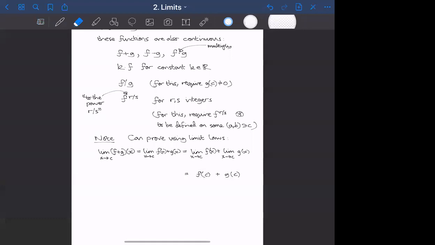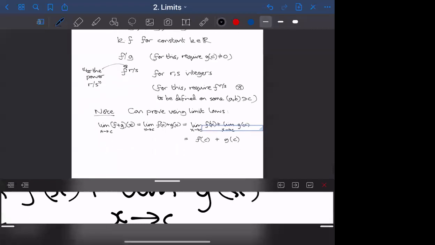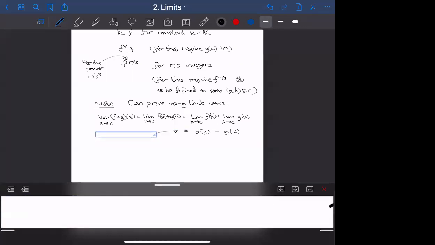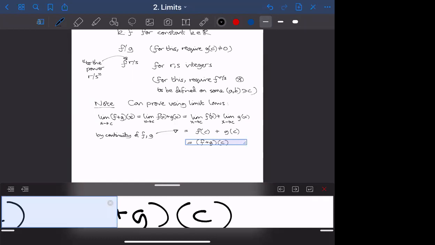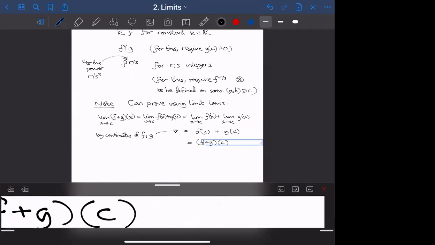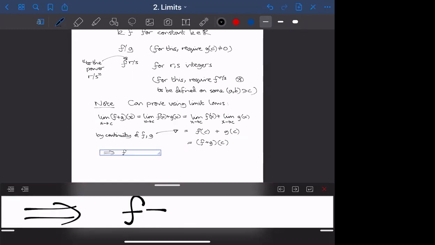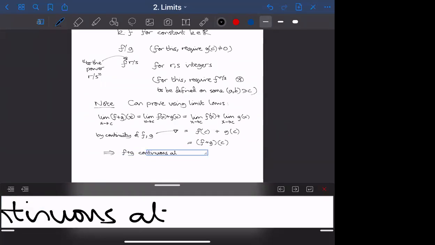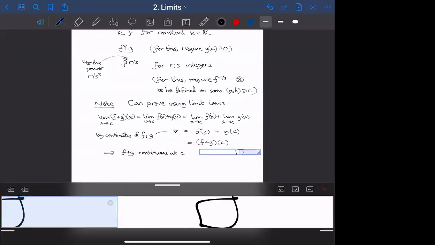We can just say those limits by continuity of f and g. And this is the value of the function f plus g at c. So that proves that f plus g is continuous at c, which is what we wanted to prove.